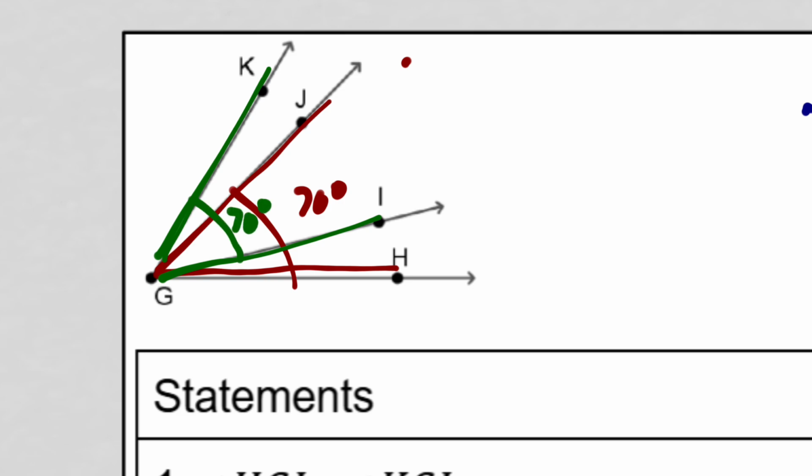And then I also gave you a third piece of information that the angle in the middle that's shared by both was 50 degrees. I don't think you'd have so much trouble concluding that this is 20 and so is that. But in a similar way, even if I don't tell you the specific measures, if the big angles are equal, the green one and the maroon one, of course the angle in the middle is equal. So when you subtract equals from equals, whatever they are, the result will be equal.